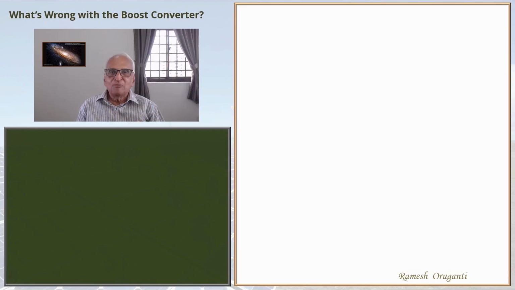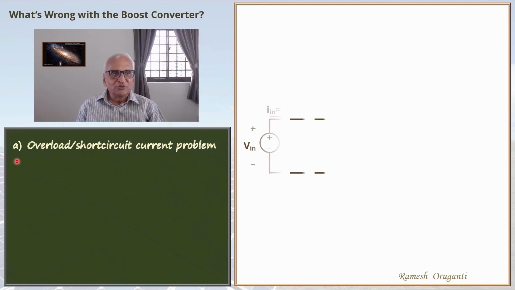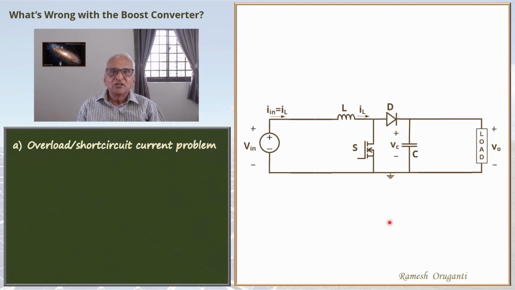The first problem that we'll be seeing is overload short circuit current problem. This is a boost converter connected to a load. Let's say we increase the load. We increase the load means we are increasing the load current. If you think of the load as a resistive load, we are actually decreasing the value of the resistance.